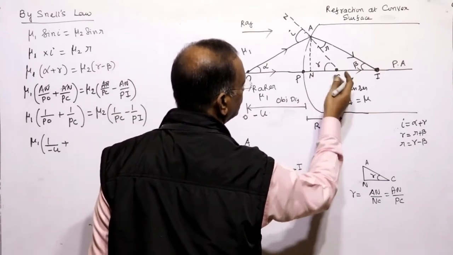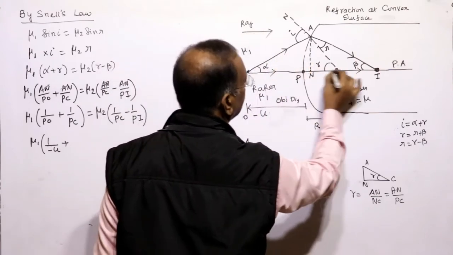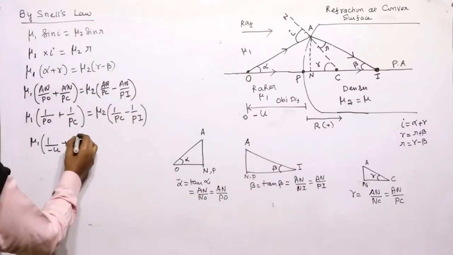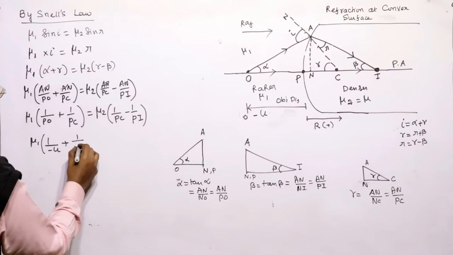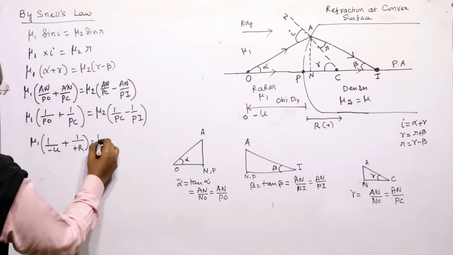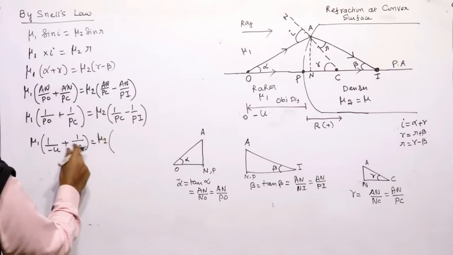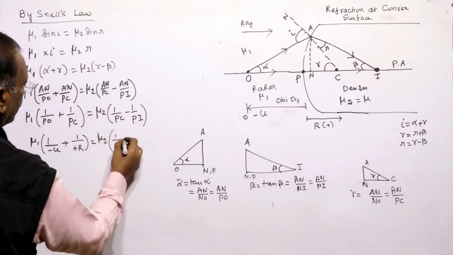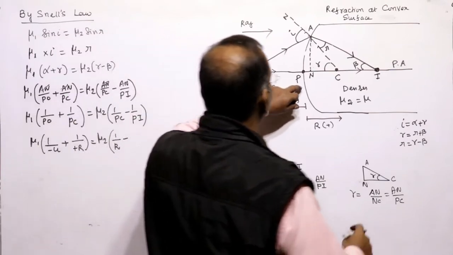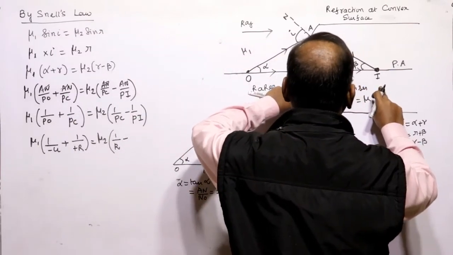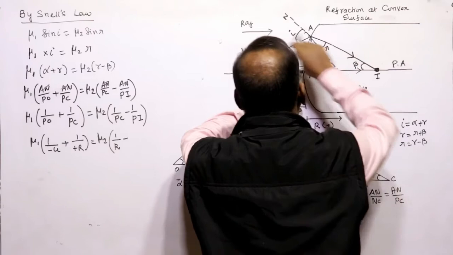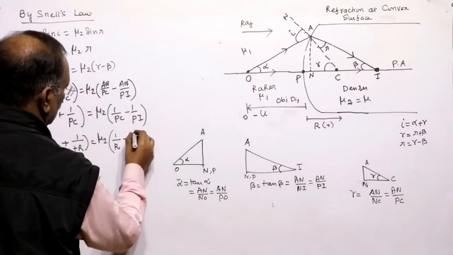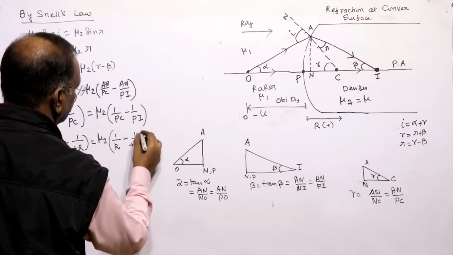From P to C we are going along the ray direction, so this is positive R. So mu2 into 1 by PC, that is 1 by plus R, minus PI. PI is the distance from pole to image, that is V. V is along the ray direction, so it is positive, 1 by plus V.